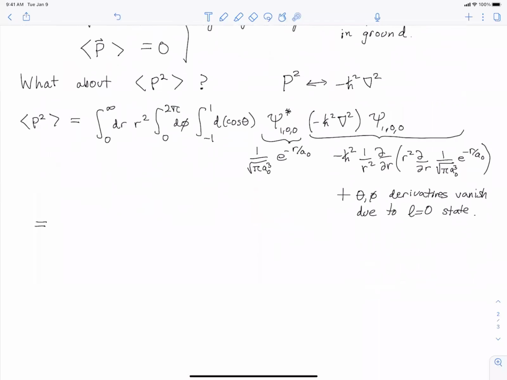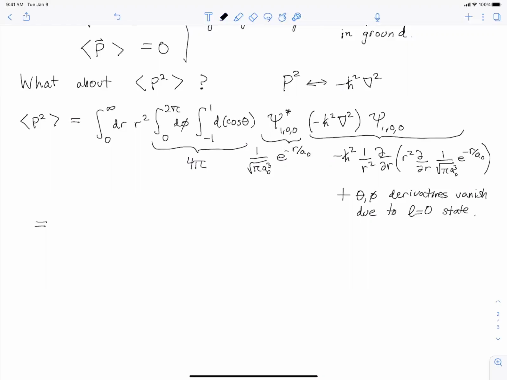So there are two factors of 1 over square root of pi Bohr radius cubed, and there's a factor of minus h bar squared. And then there's going to be the usual factor of 4 pi, because none of the integrand depends on theta or phi.